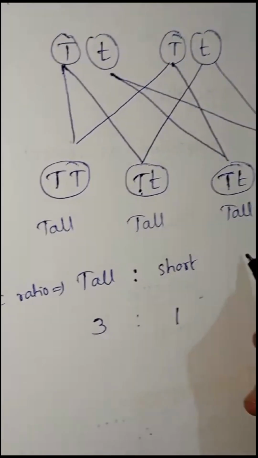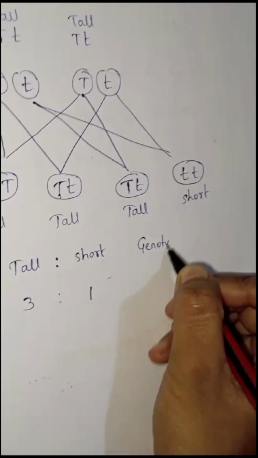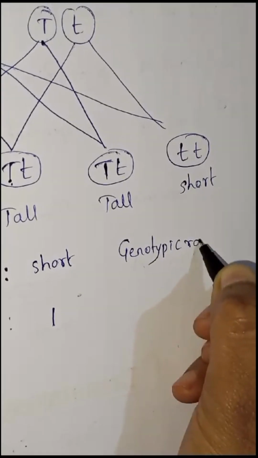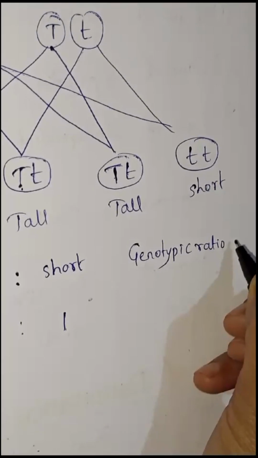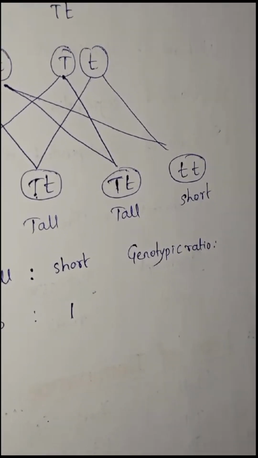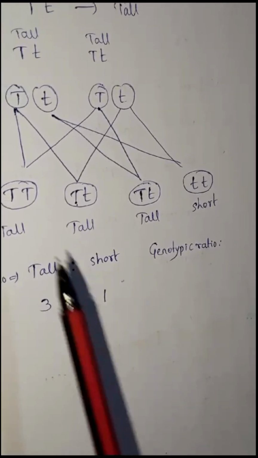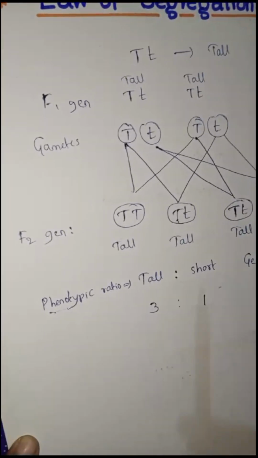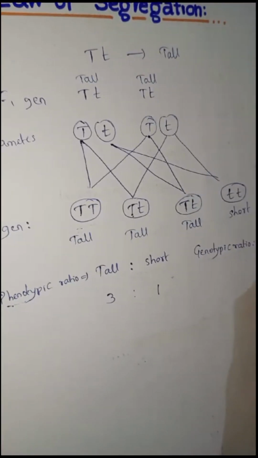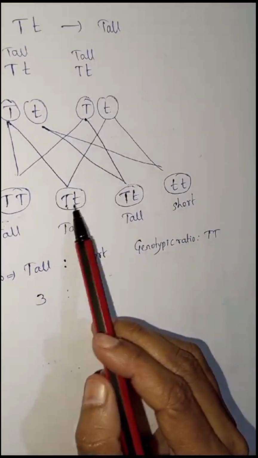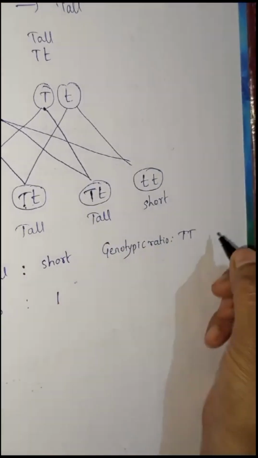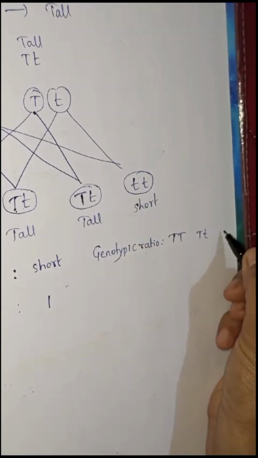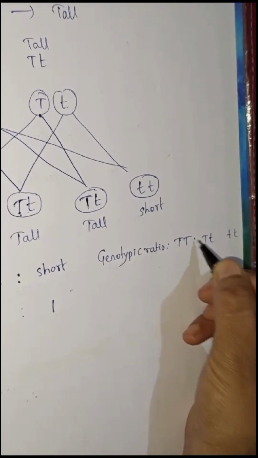Next comes the genotypic ratio. Genotypic ratio means what kind of gametes are there here. If you observe these offspring properly, you have three types of gametes. One is purely capital T capital T. Second is capital T small t. And the last one is small t small t.